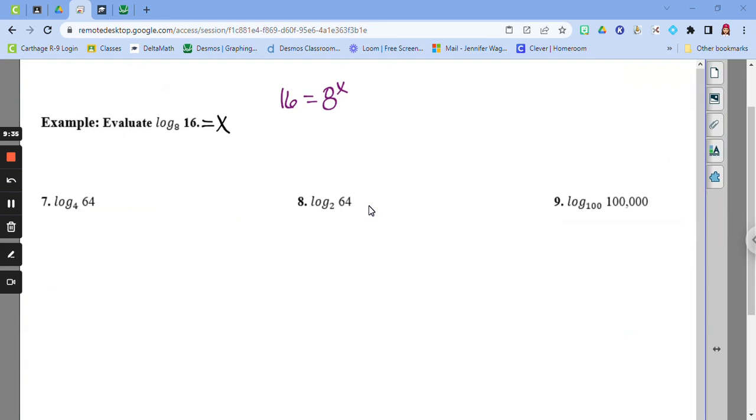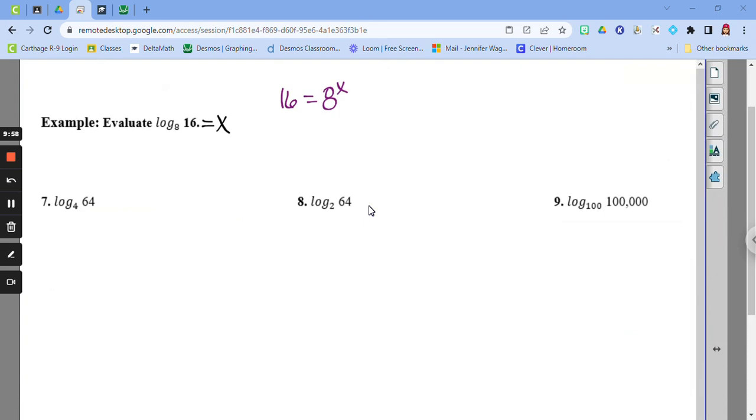We can't divide it by 8 because it's not 8x, it's 8 to the x. What do we have that we just worked on a homework quiz for this? Make them the same base.